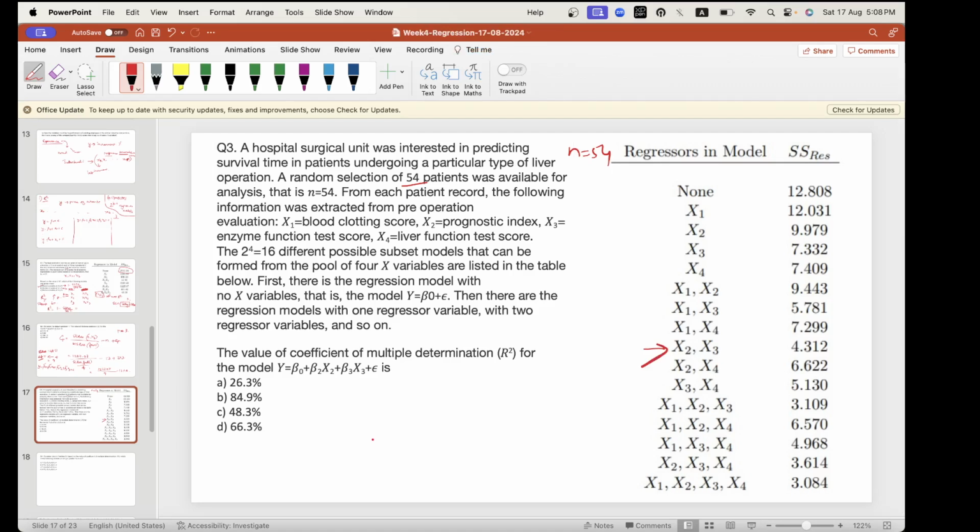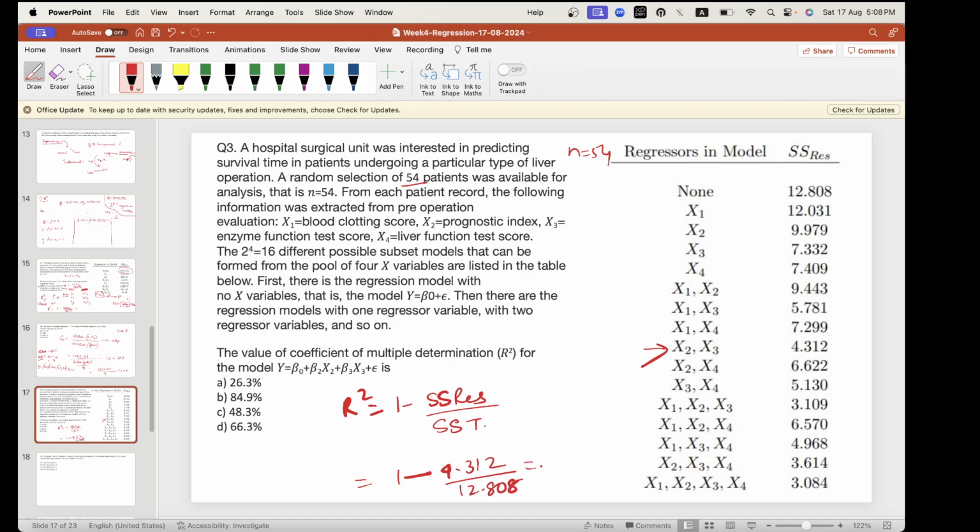Alright. And then for this one, you would have R square as 1 minus SS residual by SST. Okay. So this would be 1 minus 4.312 by 12.808.